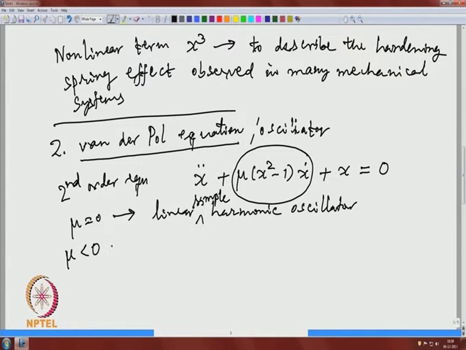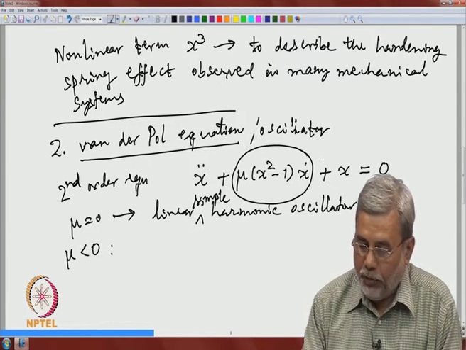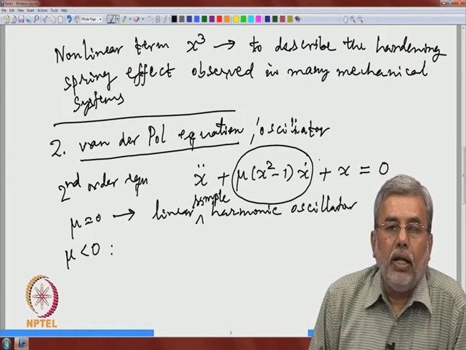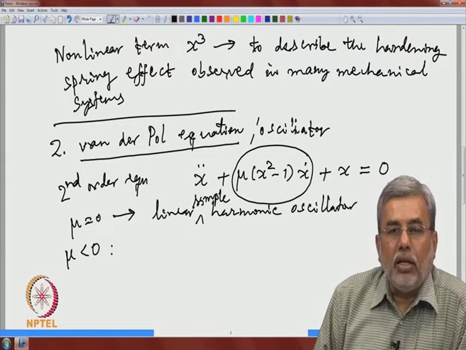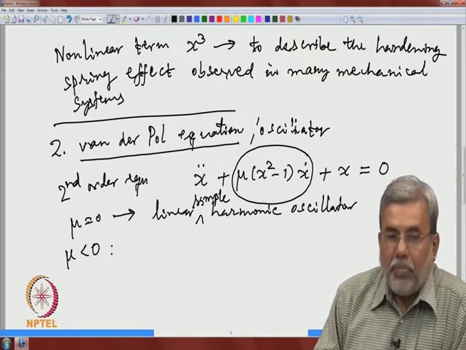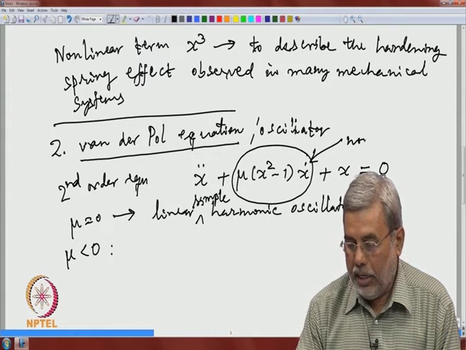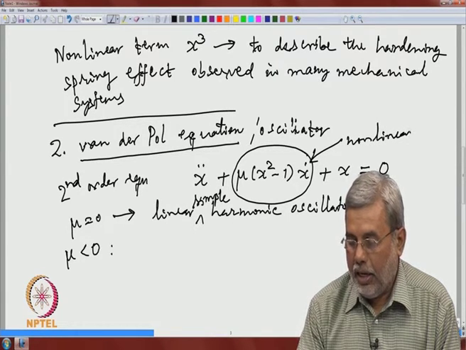When mu is less than 0 and x is small, if you compare with the spring mass dashpot system, this is the damping term, but this is non-linear damping.